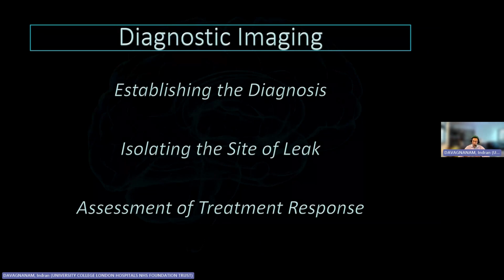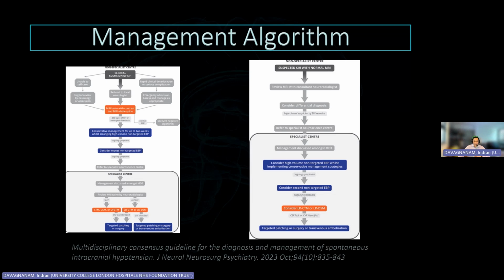Diagnostic imaging is key in establishing a diagnosis of CSF leaks, in isolating the site of a CSF leak, and, once you treat someone, it's also pivotal in the assessment of a treatment response. Not very long ago, myself and a group of other experts in the country formulated some strategies to guide practitioners in this country on how to manage patients who present with spontaneous intracranial hypotension.